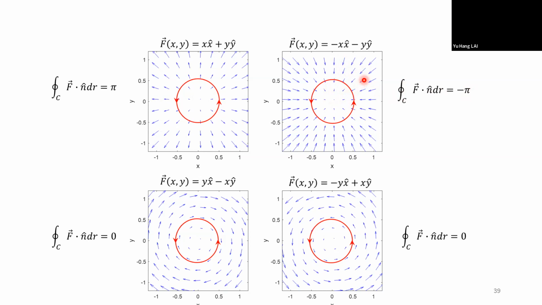When I get inflow, the flux is defined to be negative, because the normal vector that we have is pointing out of the boundary, so if you take the dot product, you get a negative number. And for this one and this one, of course, they both get 0 because both are circulating. It's just that one is clockwise, the other counterclockwise. But they all move tangential to a circle, so that's why no inflow or outflow.